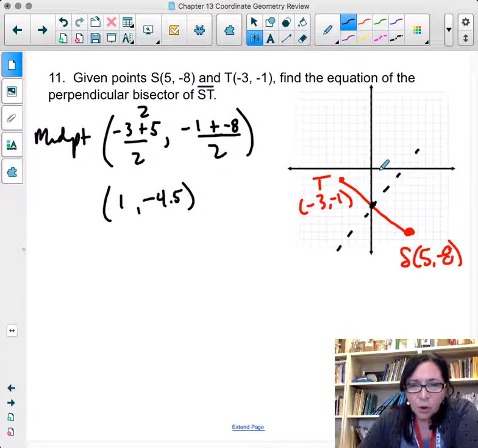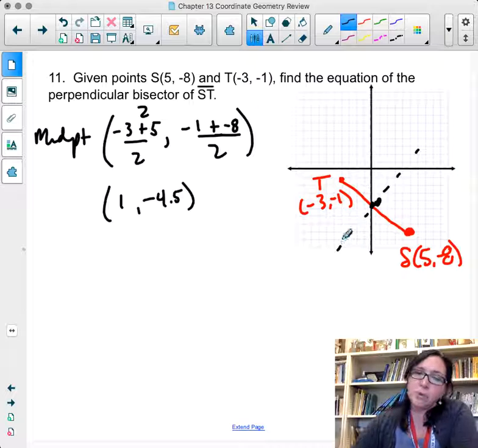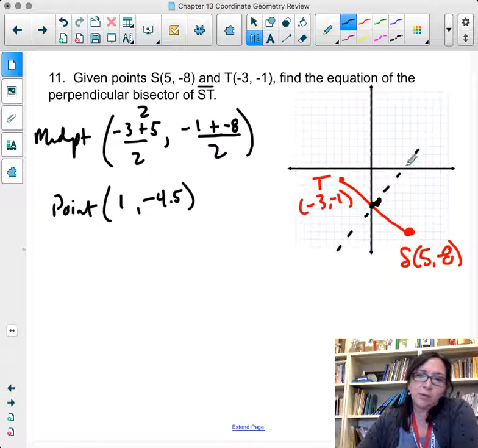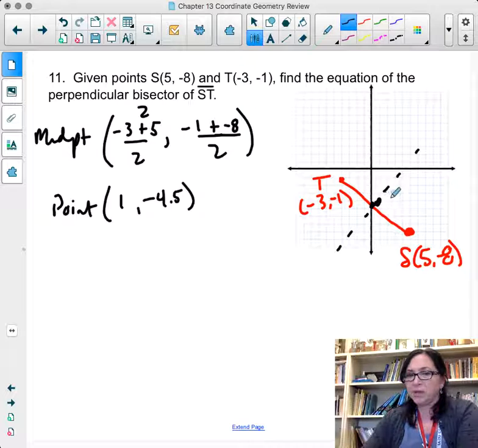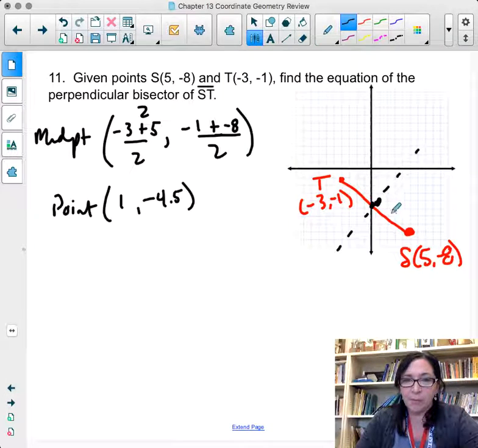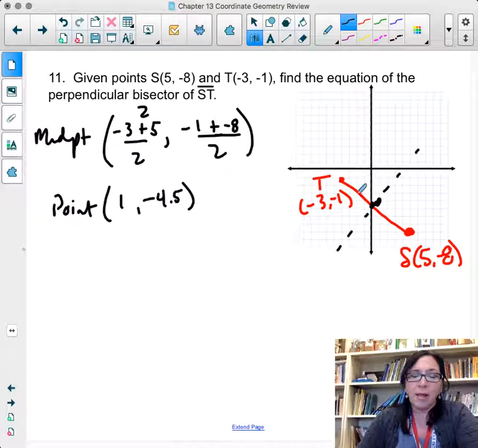So this looks like 1, negative 4.5. This right here is the point of my midpoint. All right. So what that means is that my new line has to go through that. So that's important because that's my point, meaning all I need now is a slope that's perpendicular. And once I have a slope that's perpendicular to this, to my point that goes to this line, I'll have an equation of the line.